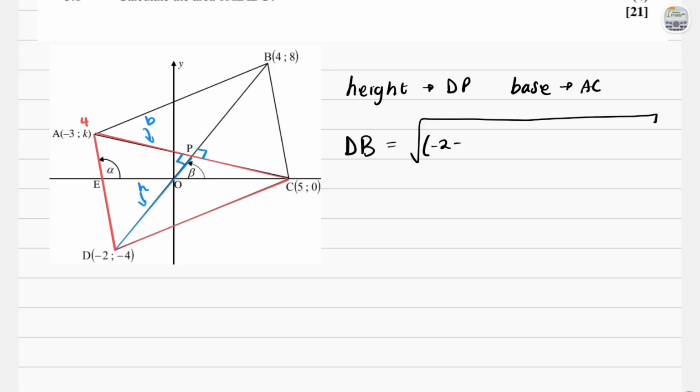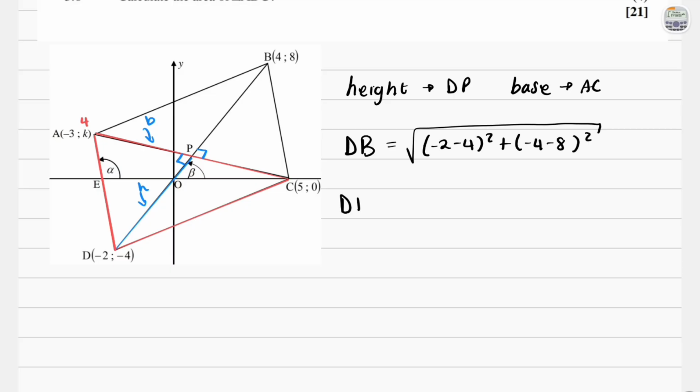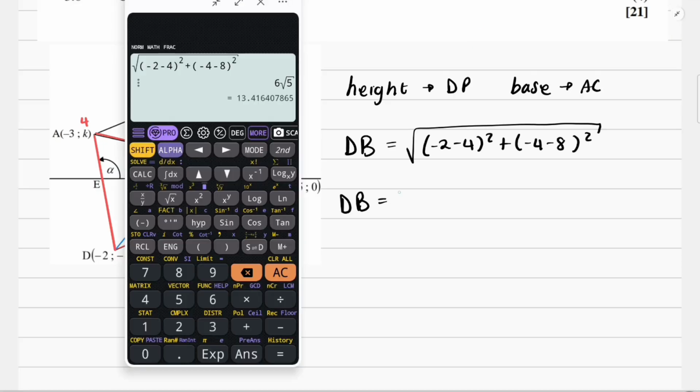So -2 minus 4 all squared plus -4 minus 8 all squared. Let's find DB so we can find DP. And that gives us 6 root 5. So that means that DP is half of this, because that's the midpoint at P. So it will be divided by 2, which is 3 root 5.